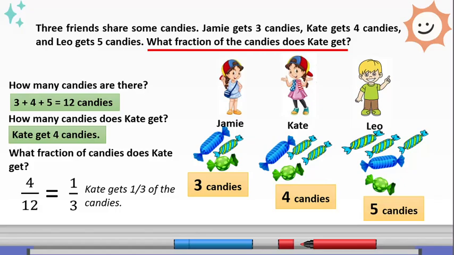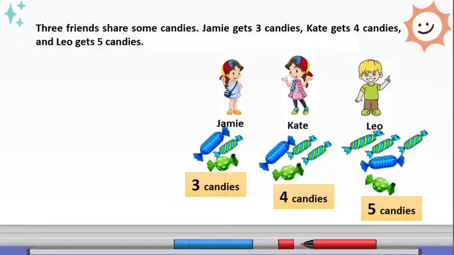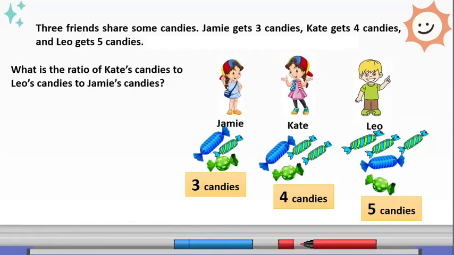Now, let's put it in ratio. What is the ratio of Kate's candies to Leo's candies to Jamie's candies? This time, according to the given question, the sequence of the quantity that we are going to compare has 3 terms, such as Kate's candies, Leo's candies, to Jamie's candies.